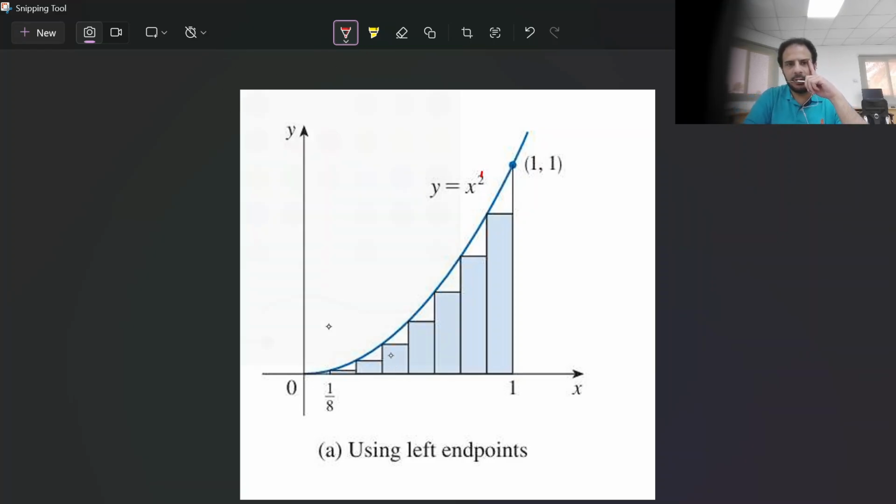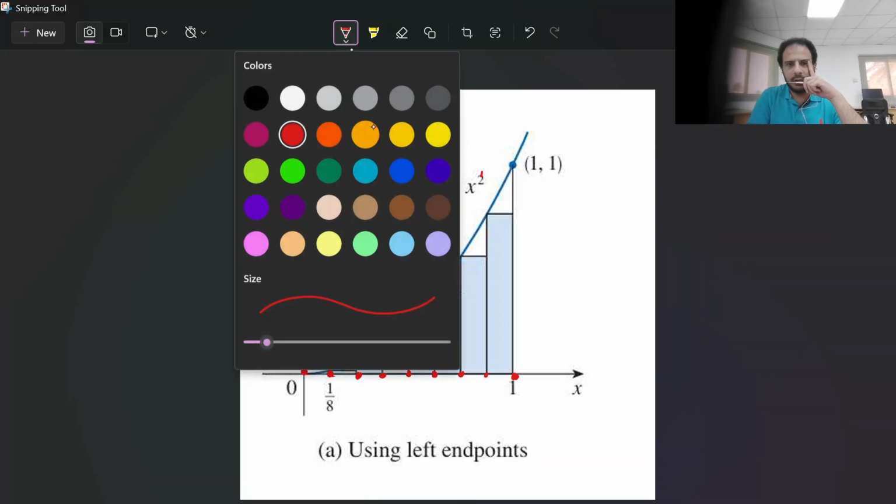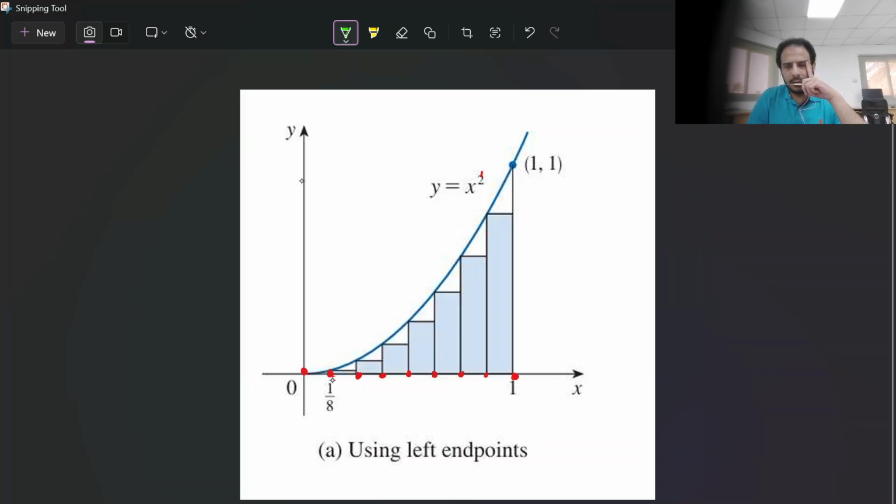Because see here, we divide it like this, right? But see here, the height of the first rectangle is 0, right? So we are taking the left point. Then the second one is this one, left endpoint. This one, left endpoint. So you draw the rectangle from the left endpoint. See here, left endpoint.